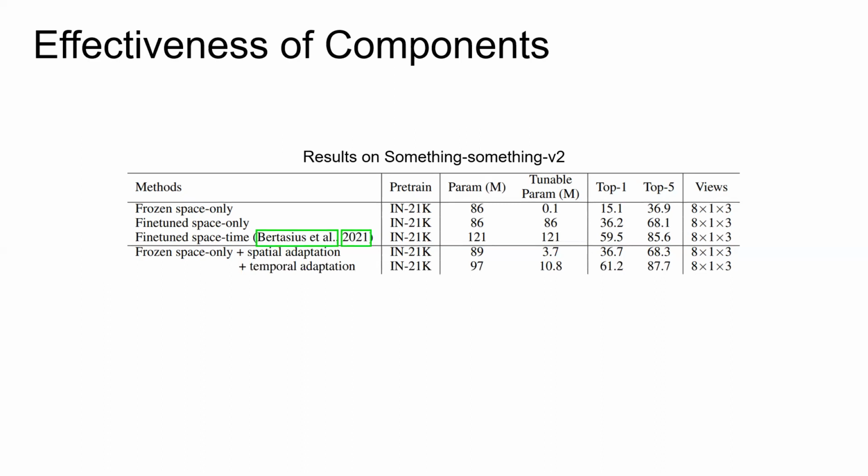And when we add the temporal adaptation, the performance is further improved, which even outperforms the full fine-tuned video model. But we are using a much smaller number of tunable parameters. And finally, when we add the joint adaptation, the performance can be further improved. So these results show how our method gradually adapts a frozen space-only model into a video model.